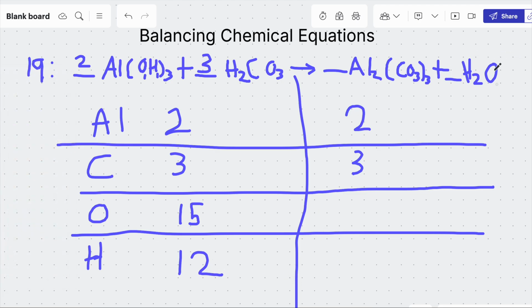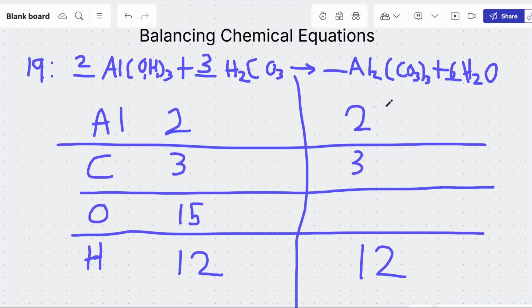H's only show up right here. So if we want 12 H's, we need to figure out what multiplies by 2 to get to 12. In this case, it's going to be 6. So we'd get up to 12 H's. Now we need to count our O's. Remember that 3 outside the parentheses multiplies that O3 inside.